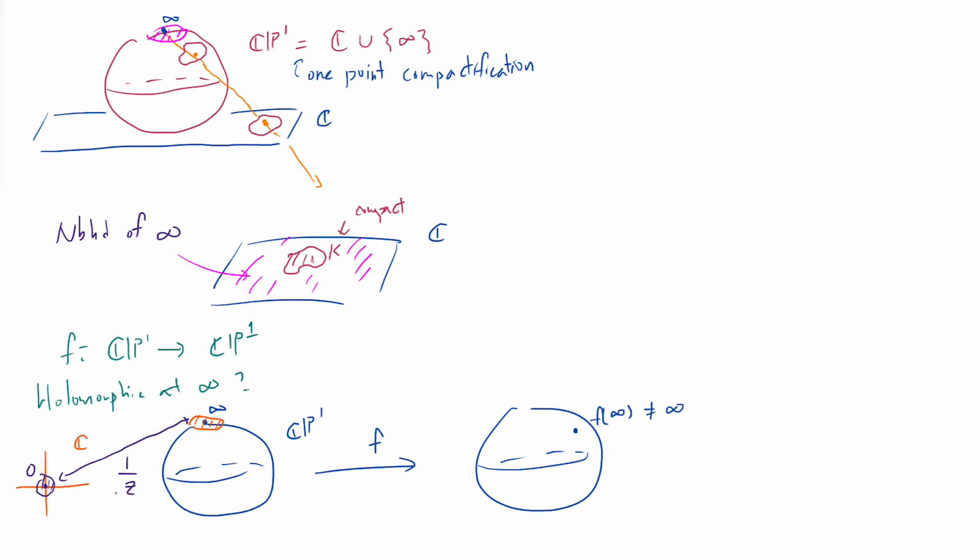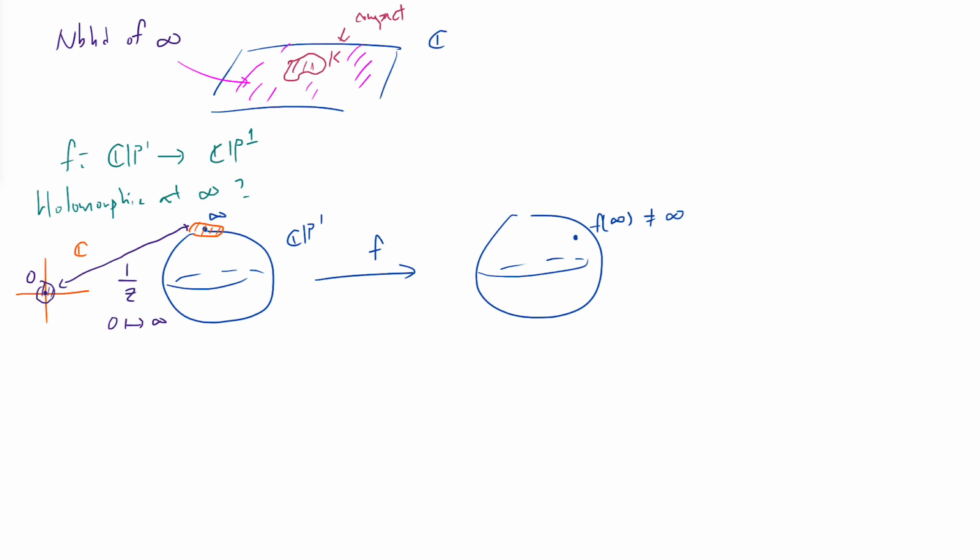So here 1 over z, in particular, maps 0 to infinity, and this 1 over z gives you a local homeomorphism here. And what you can do is consider this composition, which is local, but local is all you need for differentiability. So when I consider this composition, you just check whether this is holomorphic at 0. And if this thing is holomorphic at 0, then you just say this function f is holomorphic at infinity.